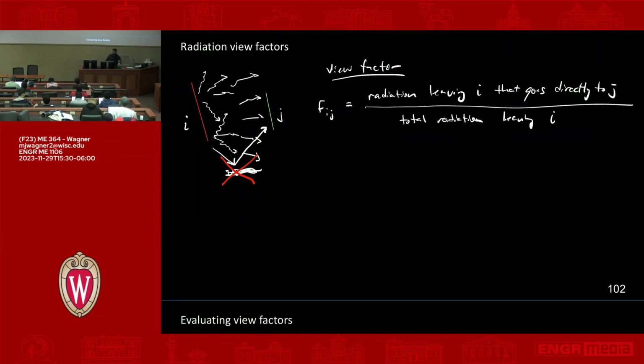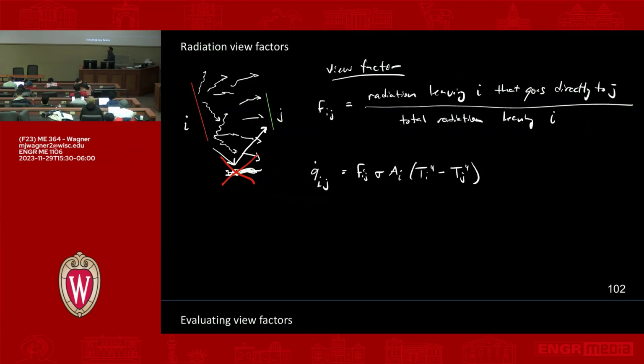Okay, so we have a view factor. How do we use this? The view factor can modify our rate equation. If we want to express Q dot from I to J, the heat transfer from surface I to surface J by way of radiation, this would be equal to F_ij sigma A_i times T_i to the fourth minus T_j to the fourth.